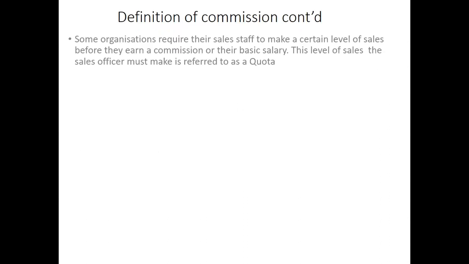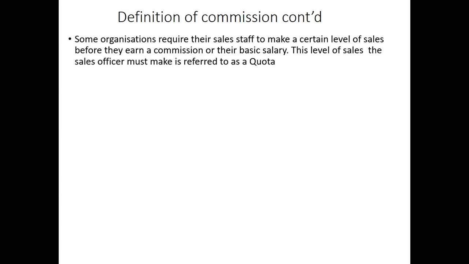Now, some organizations require their sales staff to make a certain level of sales before they earn a commission or their basic salary. This level of sales the sales officer must make is referred to as quota. Some organizations require you to make sales above a certain amount before they pay you a commission on the excess.